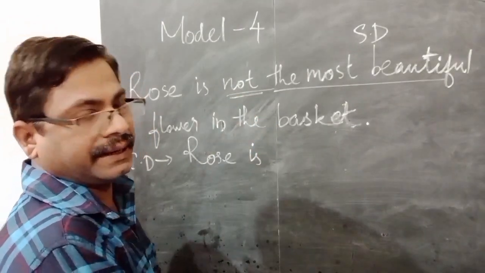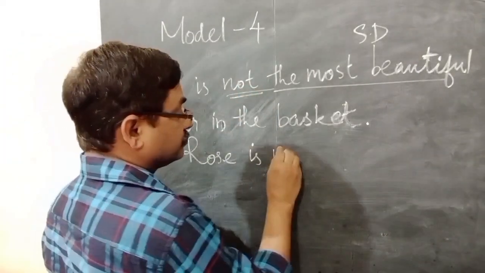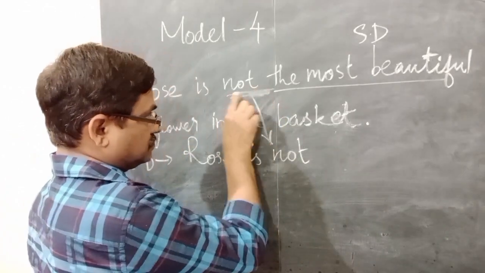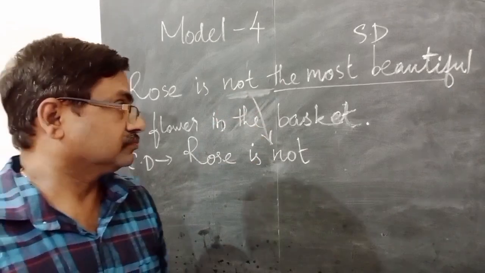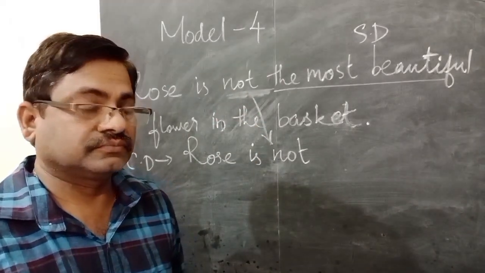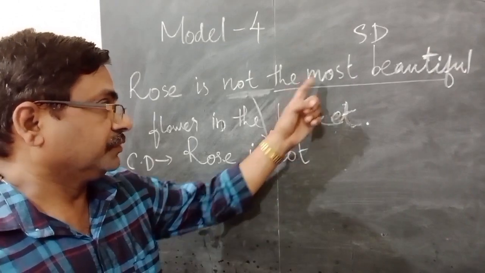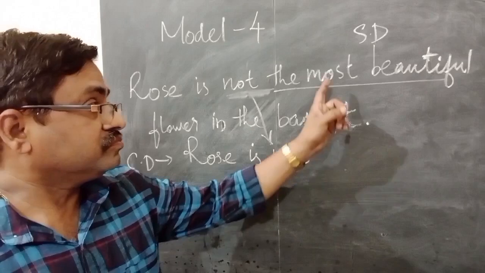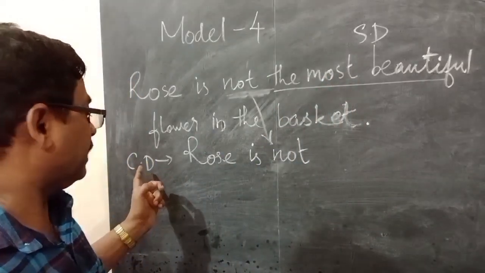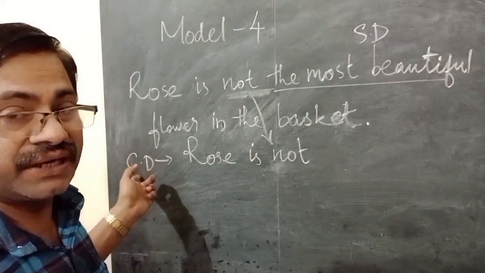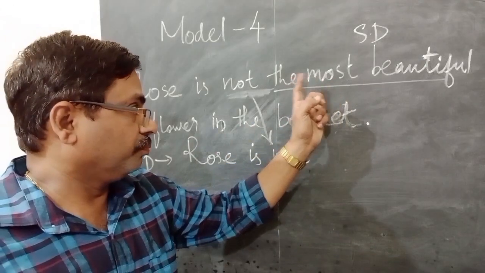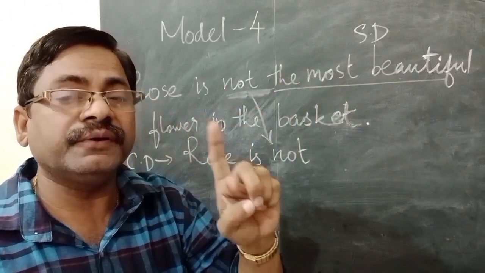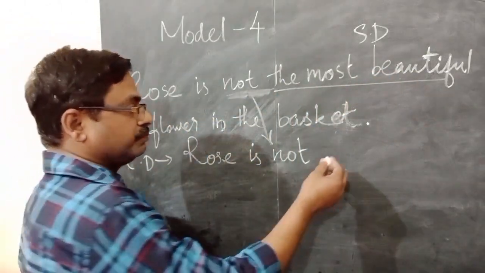Note should be added. We have to use the same note. The underlined word should not be used. Instead of that, we are writing the comparative degree. So comparative form of this adjective should be used. Beautiful, more beautiful, most beautiful. For more beautiful, that is the comparative form, should be placed.